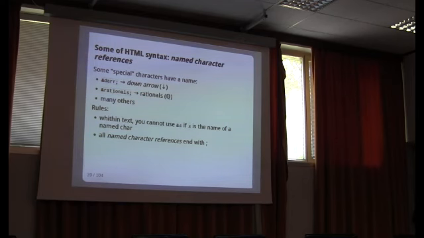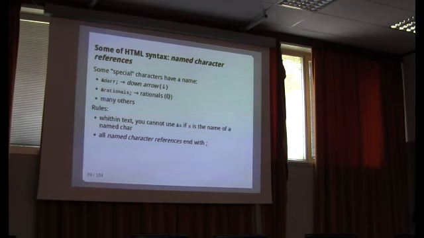One way to include these characters in the document is using the name preceded by an ampersand character and followed by a semicolon character. For example, you can see &darr;, which stands for down arrow, that corresponds to the character which depicts a down arrow, or the character corresponding to the rational set in arithmetic.